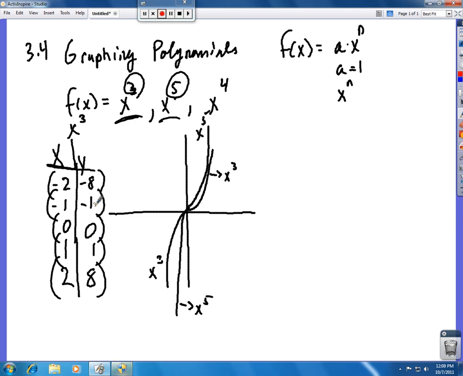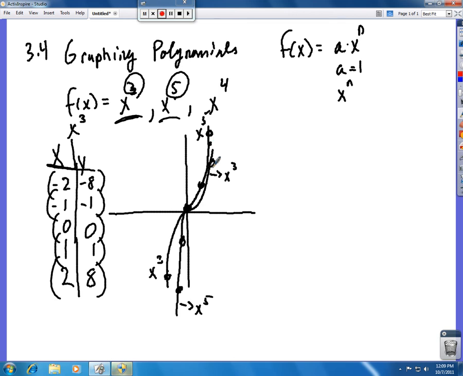You know, -2, -8 is going to be somewhere down here. 0, 0 somewhere here. +2, 8 somewhere up here. And then the same thing with the x to the 5th. They chose some values for x, plugged them in, and got their y. As they did that, they got a couple points on the graph, and then connect the dots.